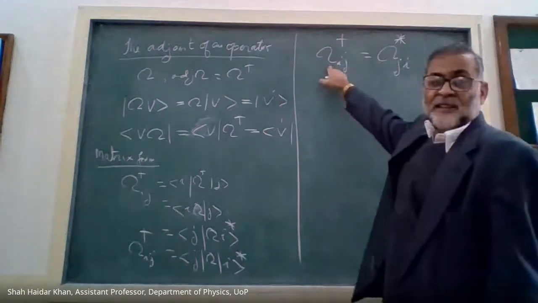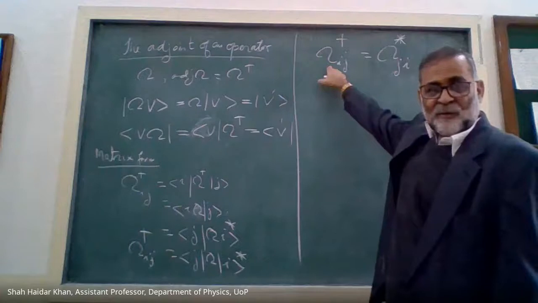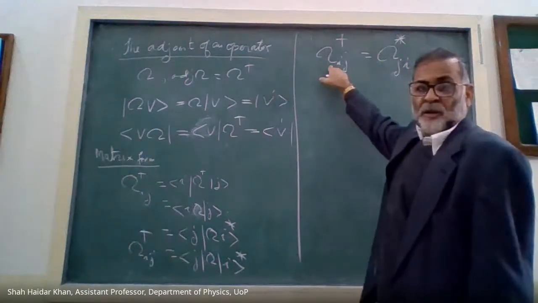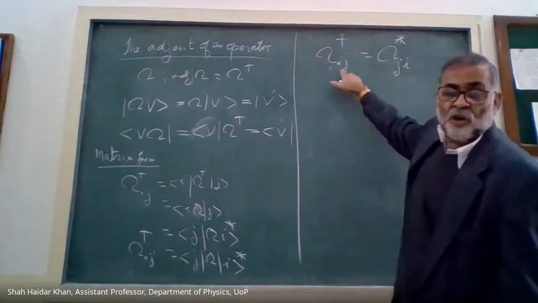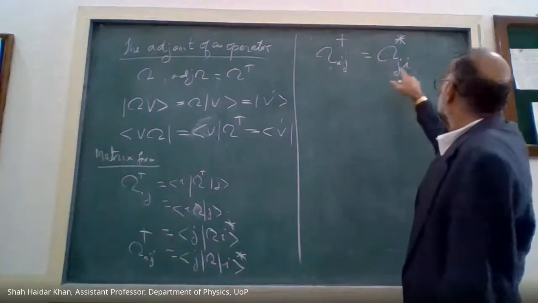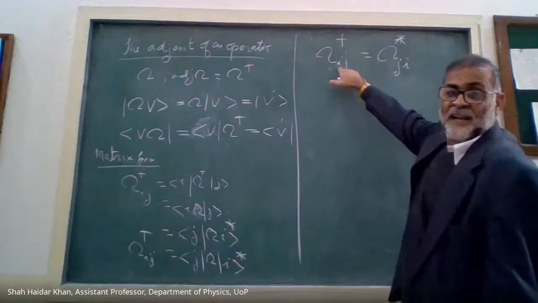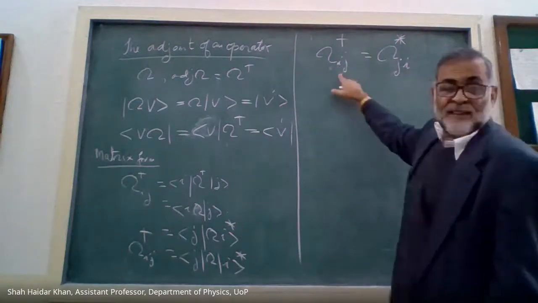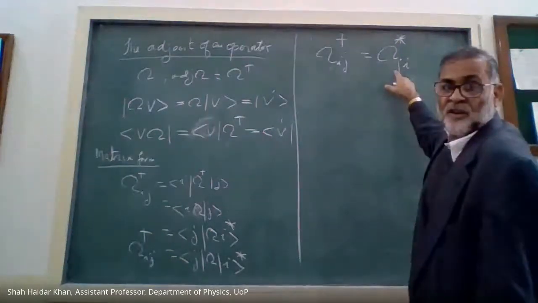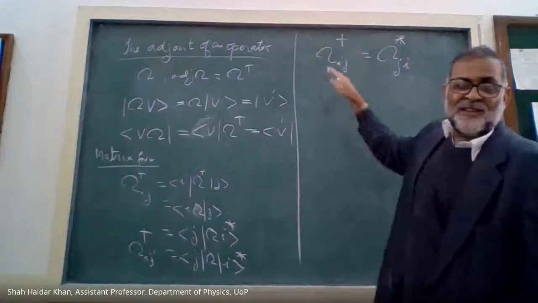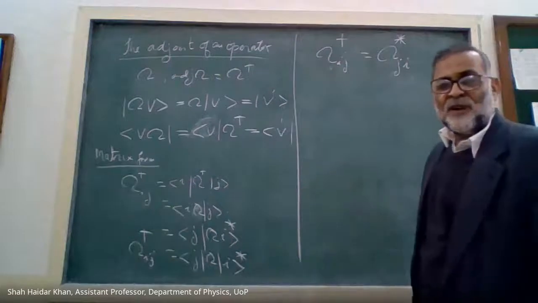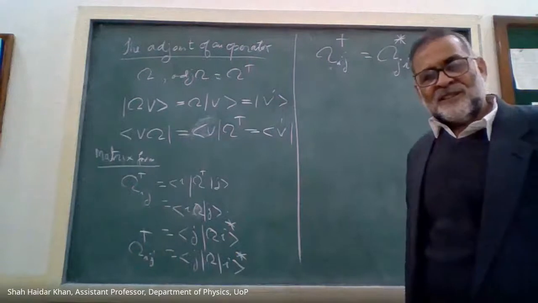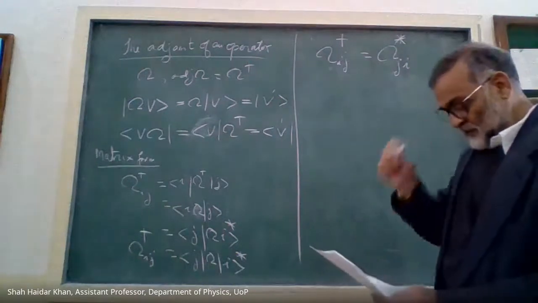So if you want to get the matrix element of the adjoint of an operator, you will just switch rows into columns. Look, i is now in the row, here it is in the column. j is in the column, here it is in the row. So interchange the rows and columns and make a complex conjugate of it, and you get the element of the matrix. Or you get the whole matrix.